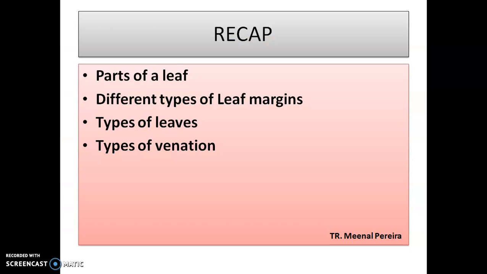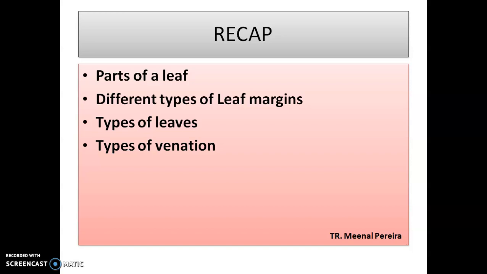So quickly we will recap the various parts of the leaf. Which are the parts that we have studied? Repeat after me: leaf apex, leaf margin, veins, leaf blade, petiole, stipule, and leaf base. Then which are the different types of leaf margins?